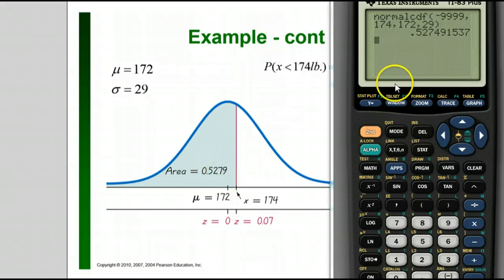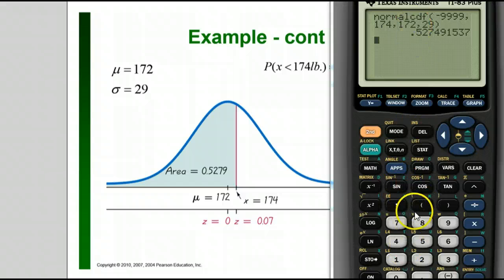Notice it's a little bit different here, 0.52749, which would round to 0.5275, versus 0.5279. The reason again is because this z-score was rounded, not to a small place value.